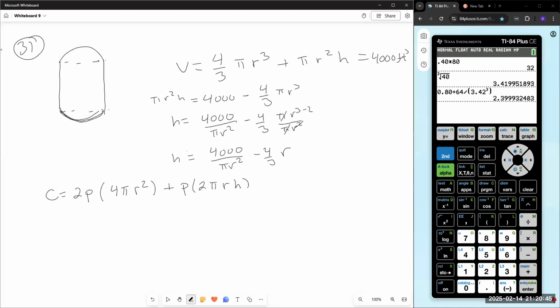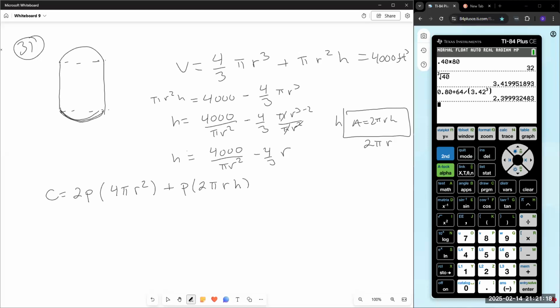Imagine you take the circumference, you open up the cylinder all the way, and the circumference would be the distance all the way around, which is 2 pi r, and the height of that cylinder is h. And so the area of this is 2 pi rh. Put that all together.